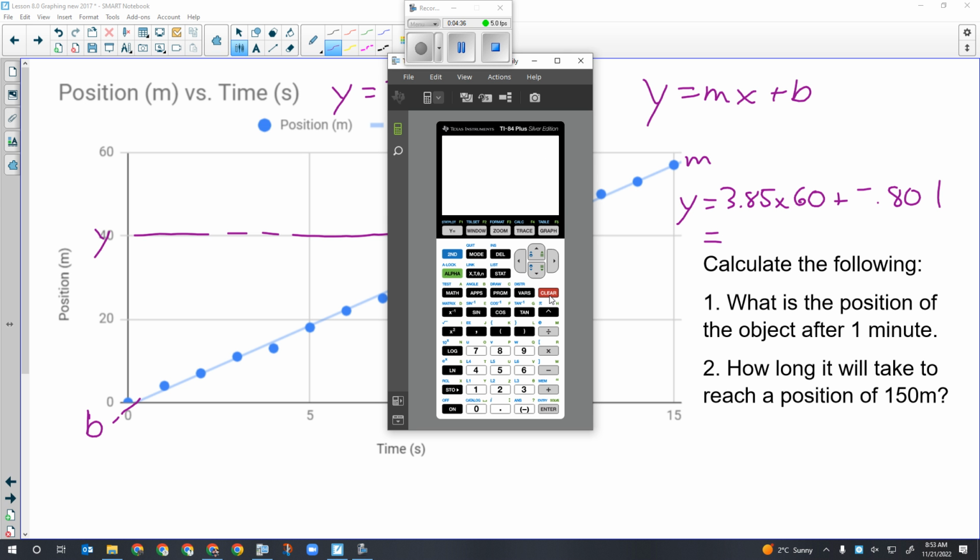All right, so we got 3.85 times 60 minus 0.801. I could say plus negative, but subtracting is the same thing. So the position of that object will be 230.20 meters.